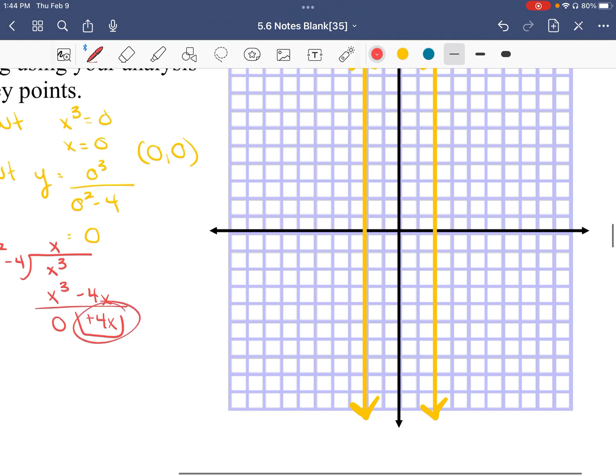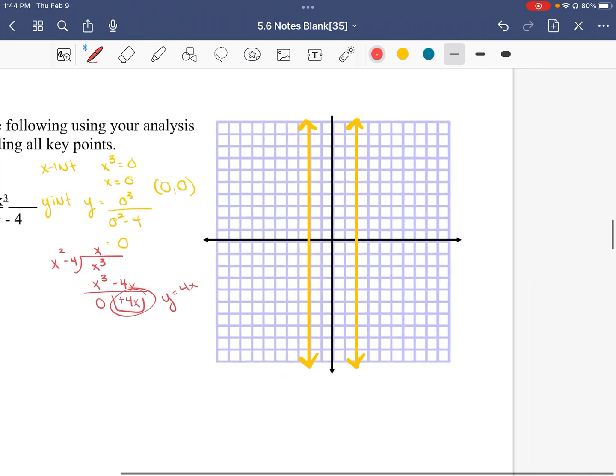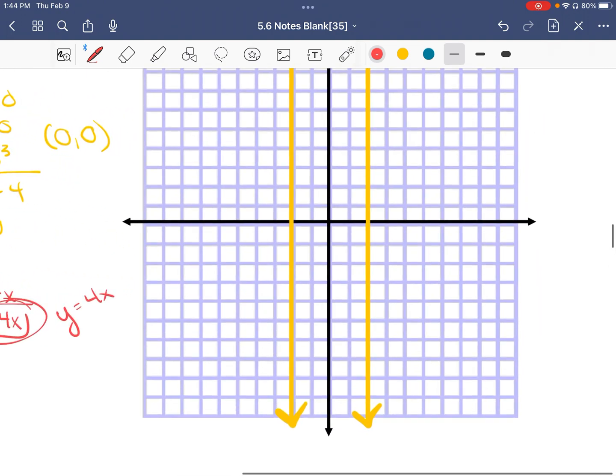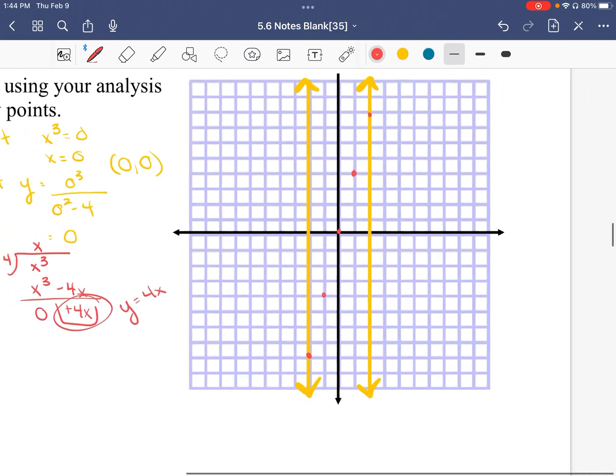So this is what we're graphing. We're graphing y equals 4x as our oblique asymptote. So we know we have a y-intercept of 0, and then 1, 2, 3, 4 up, 1 over, 1, 2, 3, 4 up, 1 over, and 1, 2, 3, 4 down, 1 over.